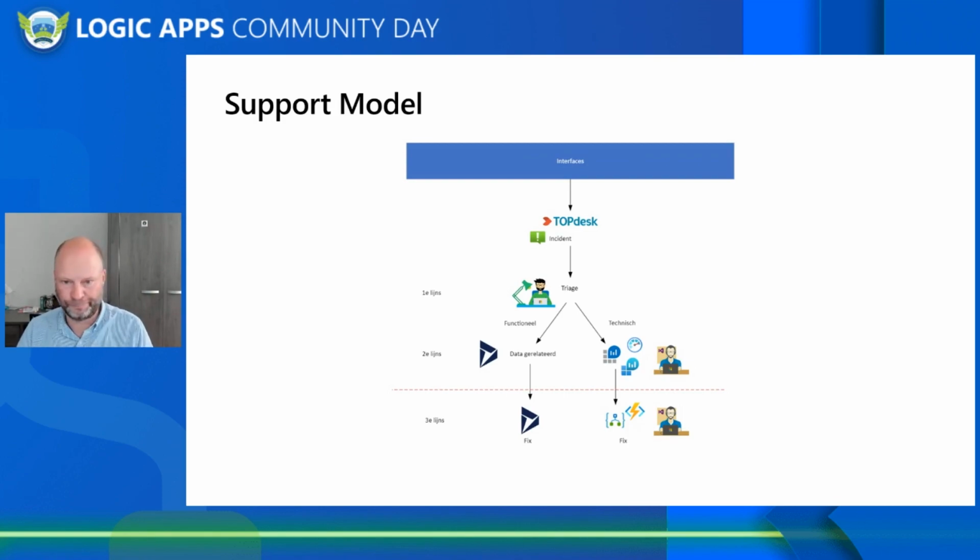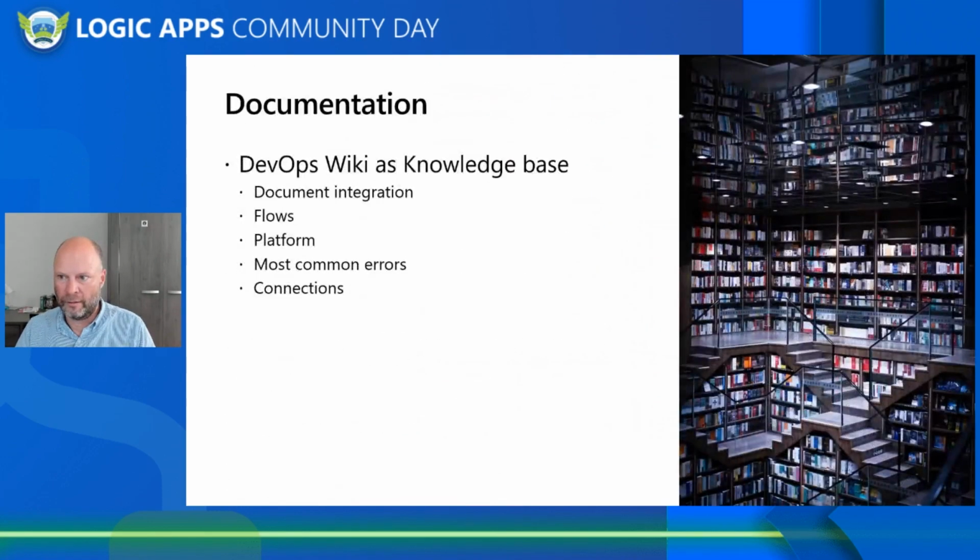And then lastly, what's very important as well going forward is to set up a knowledge base in the DevOps wiki capability. So document your integrations, your flows, your platform, what connectors you're using, what the most common errors could be, what kind of connections you have set up, the complete configuration of your development, test, acceptance, and production environment.